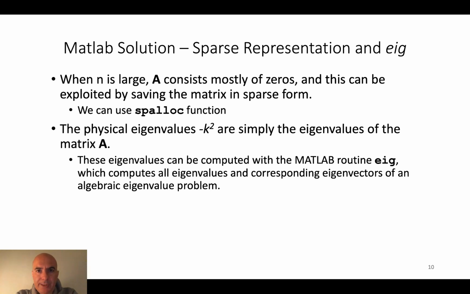In order to use this sparse format, we call the spalloc function to allocate the sparse matrix. The physical eigenvalues, minus k squared, are simply the eigenvalues of the matrix A. These can be easily computed with the MATLAB routine eig, which computes all the eigenvalues and corresponding eigenvectors of an algebraic eigenvalue problem.